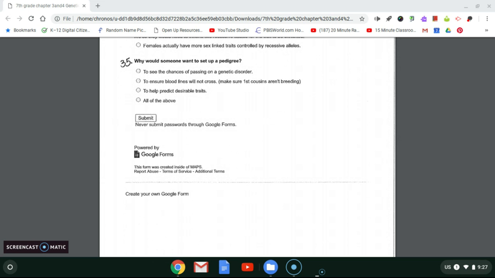Number 35. Why would someone want to set up a pedigree? To see the chances of passing on a genetic disorder, to ensure bloodlines will not cross, to make sure first cousins aren't breeding, to help predict desirable traits, or all of the above.